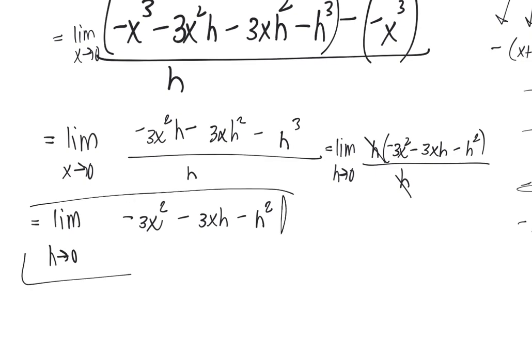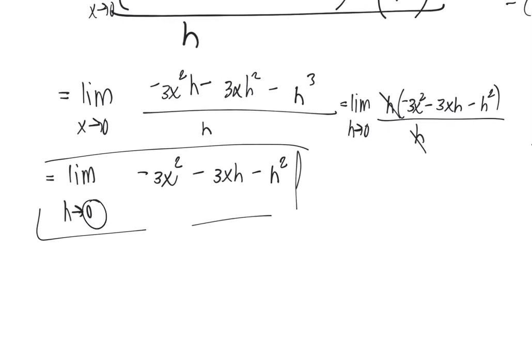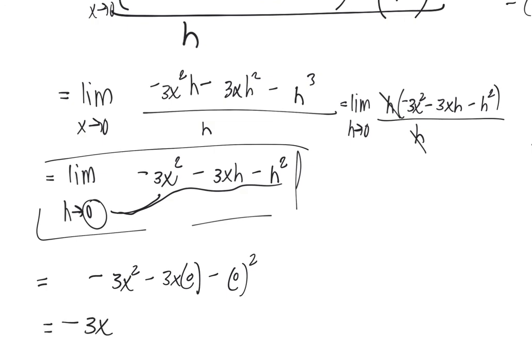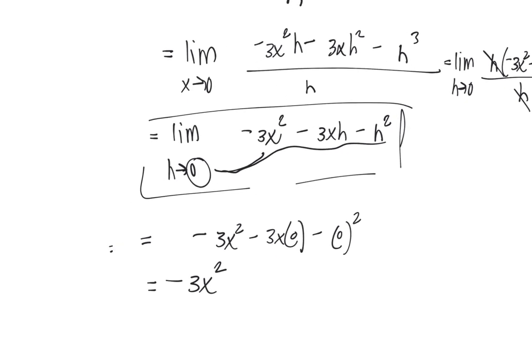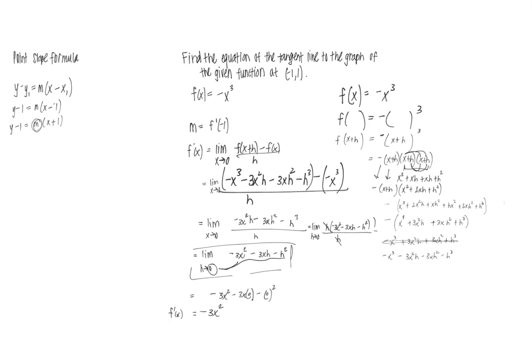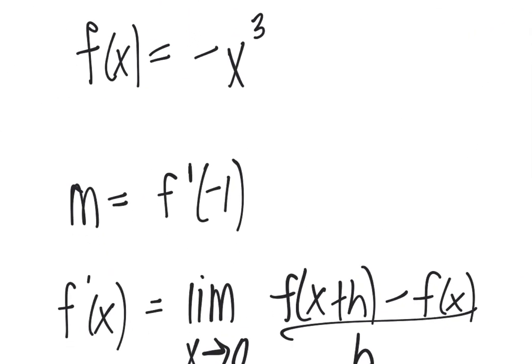So since I had that cancellation between the numerator and the denominator, I'm ready to evaluate the limit. If you plug a 0 in for h, you get -3x squared minus 3x times 0 minus 0 squared, which is just -3x squared. This is equal to f prime of x. This is equal to the derivative. I need to know the slope, which is not necessarily f prime of x.